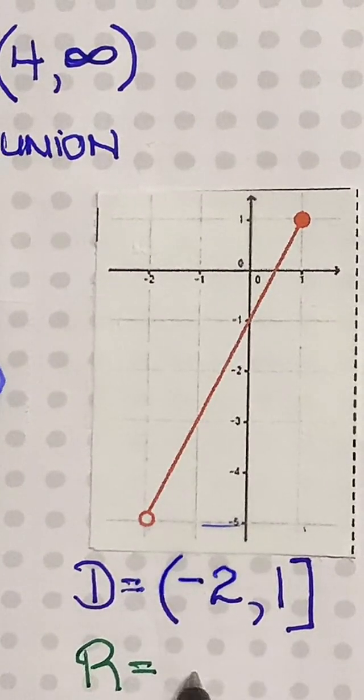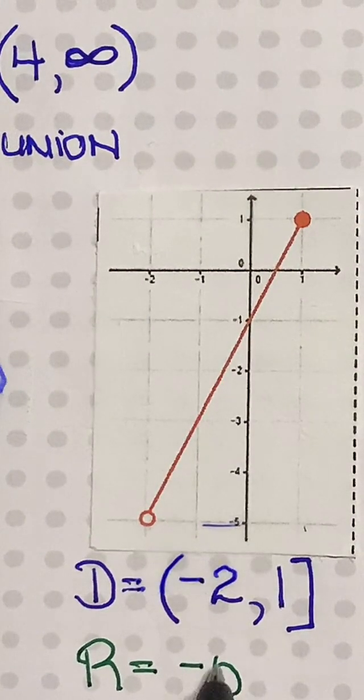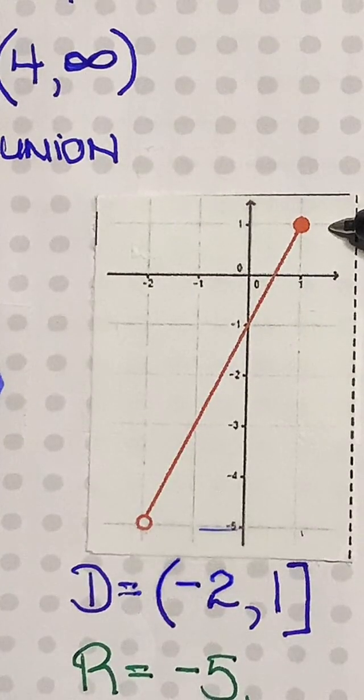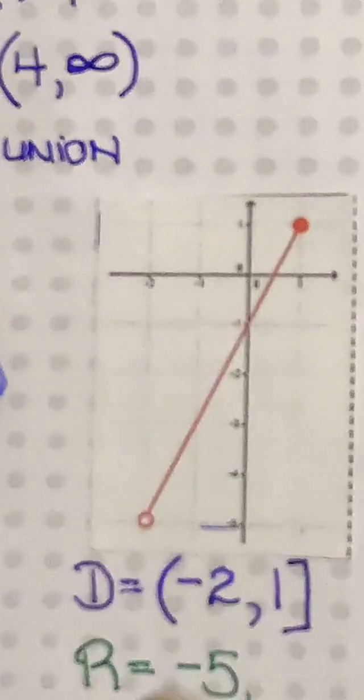Yes. So our lowest number is -5. Good. What's my highest number? Excellent, good.